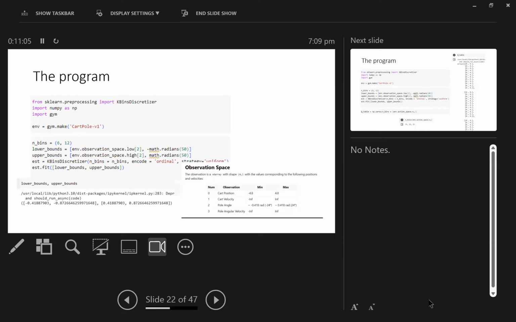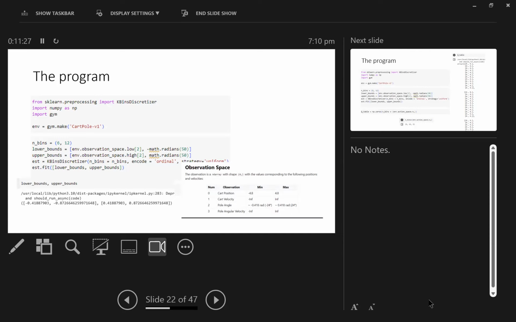Now, the problem here is that in this example we will only use the pole information, and not take the first two states, the cart, into account.